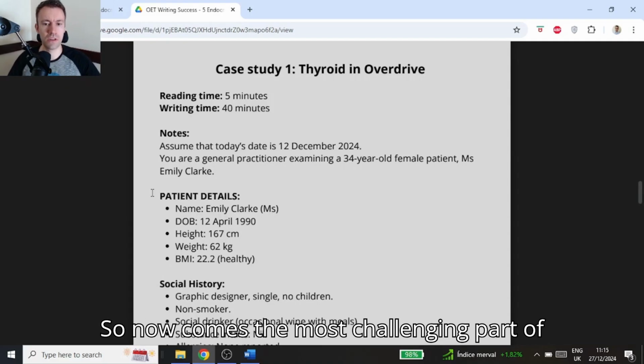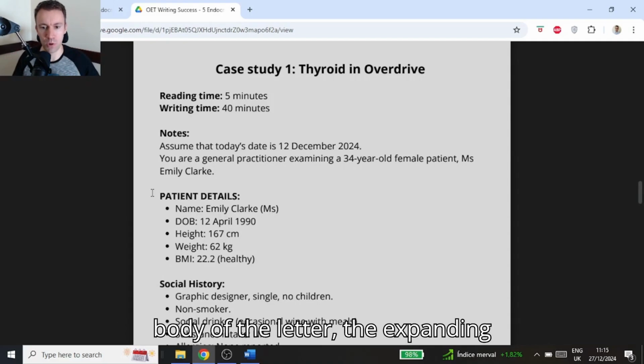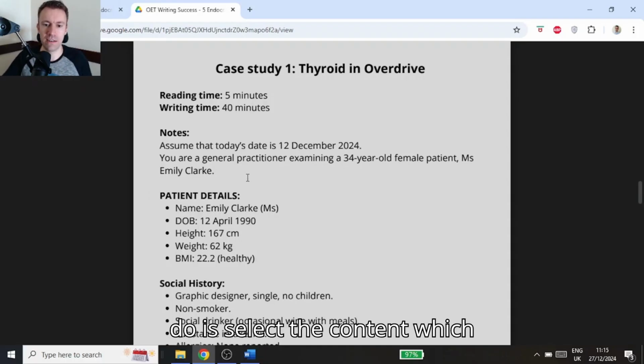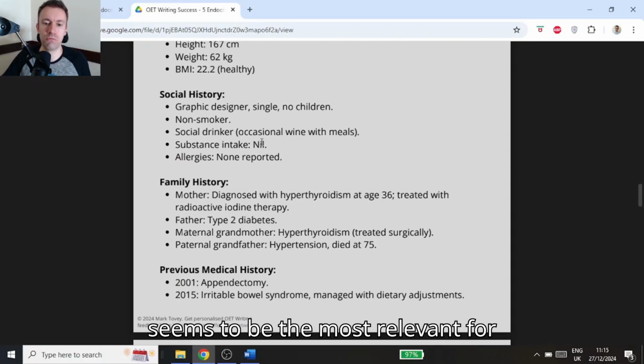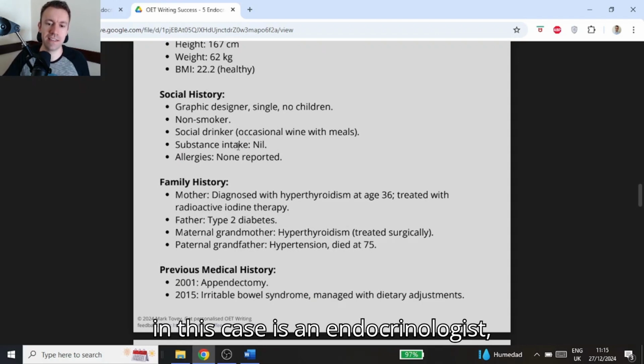So now comes the most challenging part of all, which is to write the body of the letter, the expanding paragraphs. What we're going to want to do is select the content which seems to be the most relevant for the person to whom we're writing, which in this case is an endocrinologist, so that this person can continue the care of our patient.